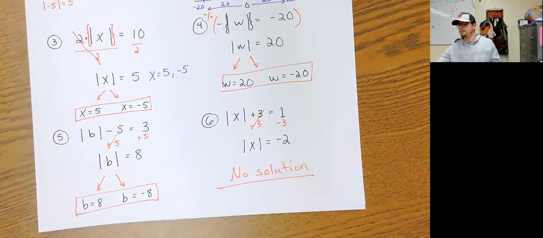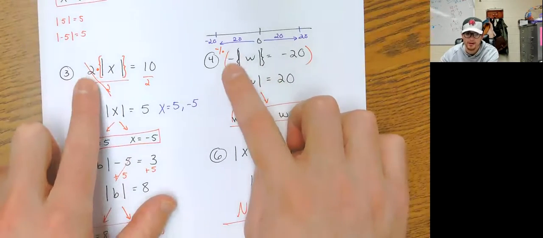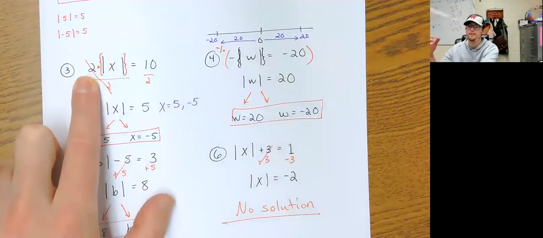All right, I got 6 more examples. These ones are going to be a little bit different. As you notice, everything I canceled out here was on the outside, and I canceled it out first.